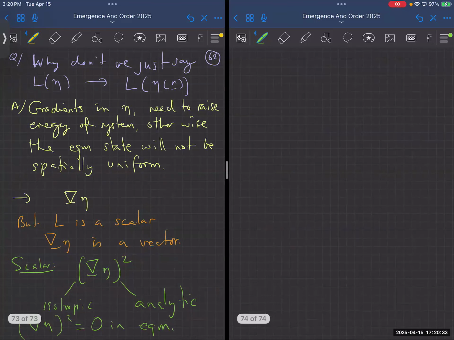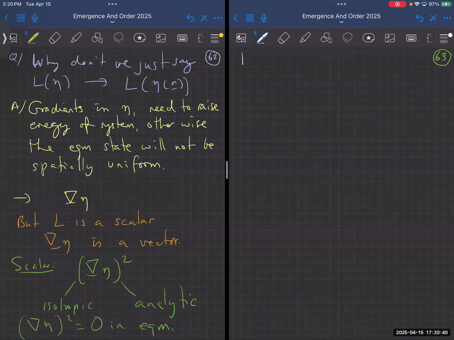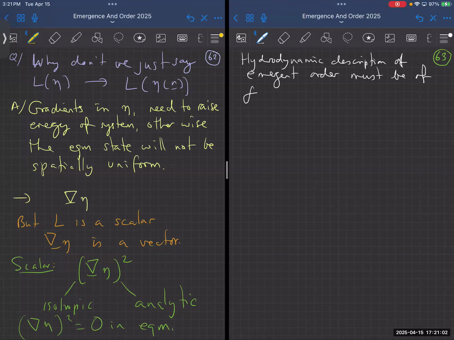So what we've discovered then is that if we're trying to understand the generic behavior of systems which have order, the hydrodynamic description of emergent order must be of the form L is equal to the integral over a volume d^d r of some coefficient times grad eta squared plus L of eta of r, like that.